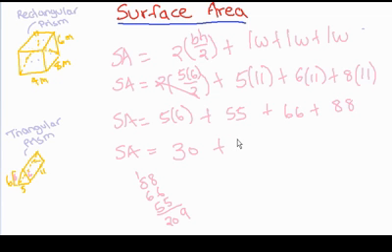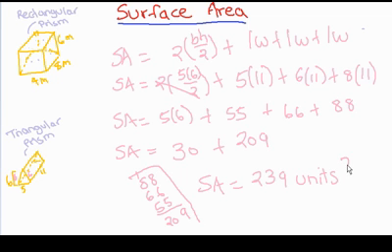So it's 30 plus 209. The surface area is equal to 209 plus 30 is 239. There's no unit specified for this triangular prism, so it's units squared.